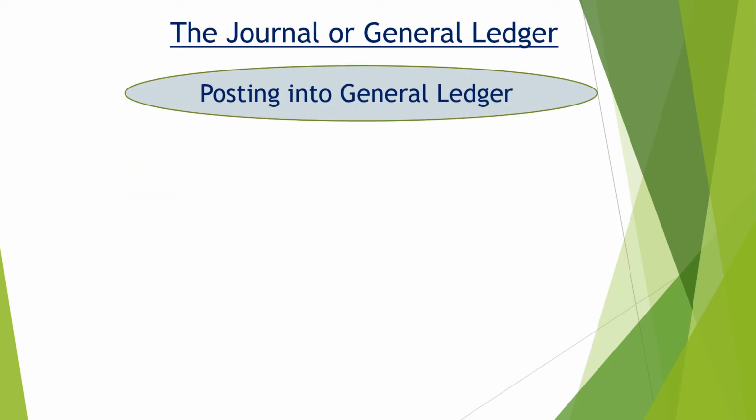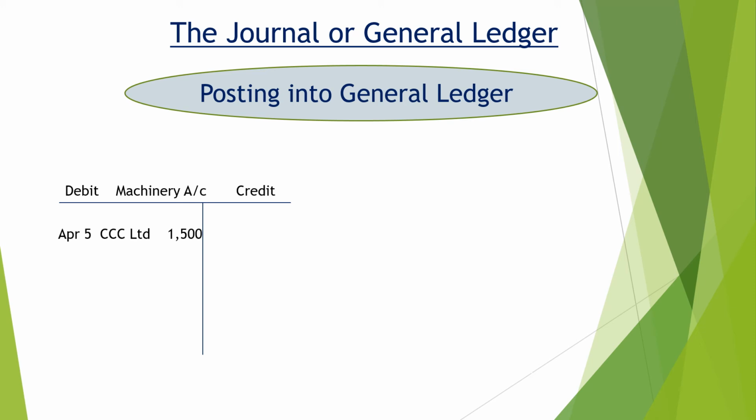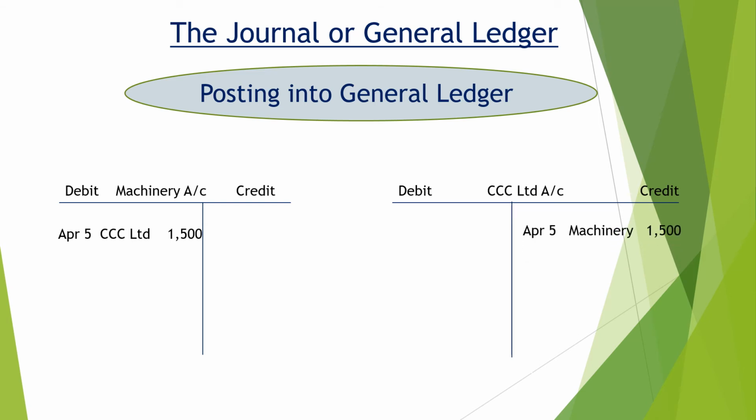Now, a posting to the ledger. Debit machinery with a cross-reference of CCC Limited, and in the CCC Limited account that against machinery. The liabilities increase, so CCC Limited is credited.